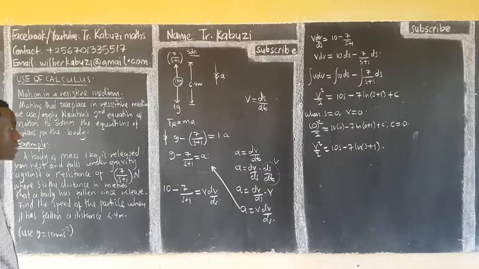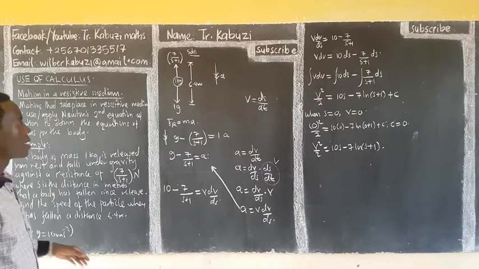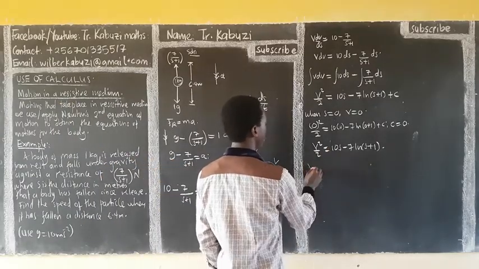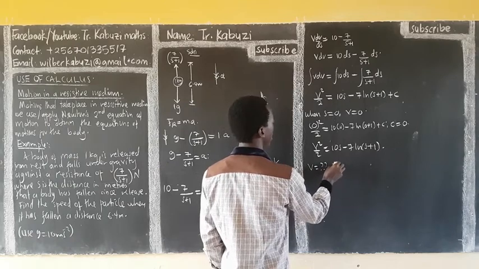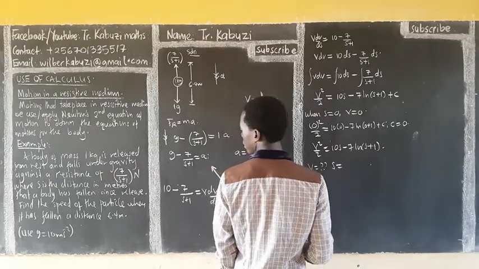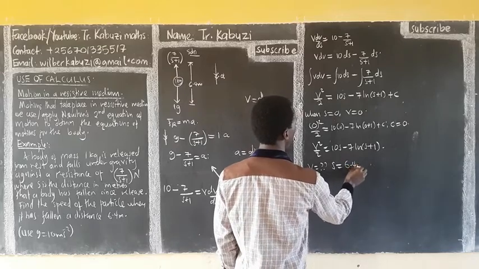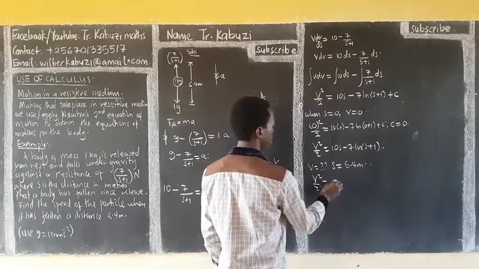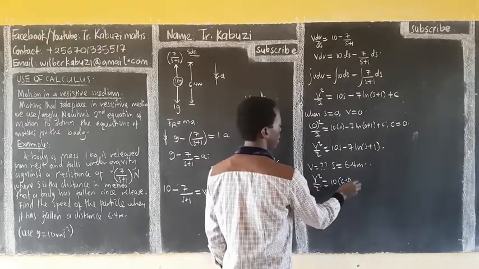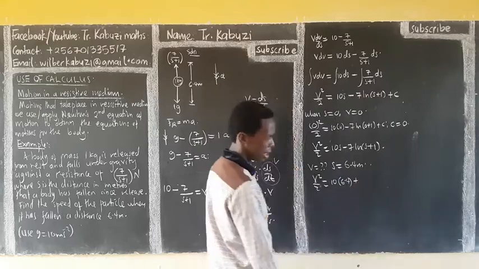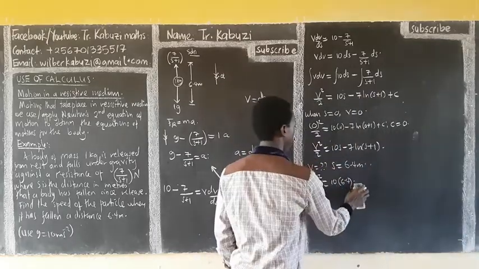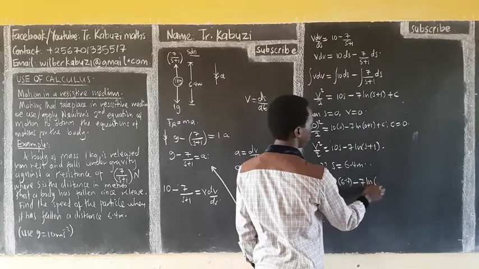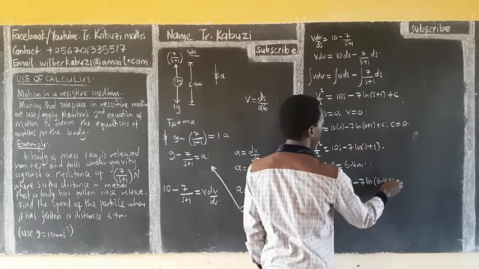Okay, so what do they want us to get? I want to get v when s is the distance of 6.4 meters. So v squared over 2 will be 10 into 6.4, minus 7 into natural log of 6.4 plus 1.